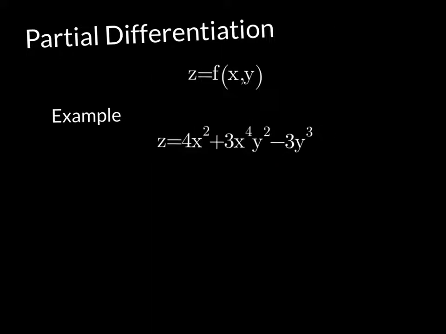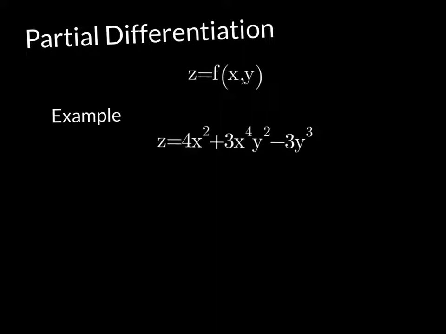So now the last type of differentiation that we're going to look at is partial differentiation. Partial differentiation can be used where we have a function, say z, is equal to some function of x and y.